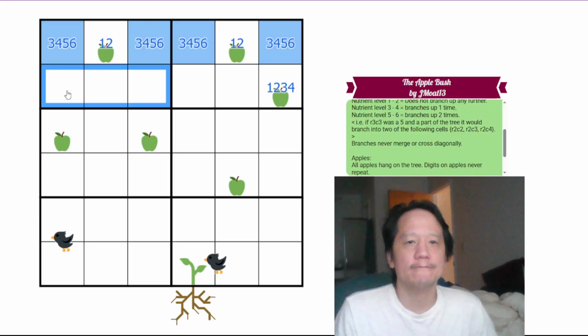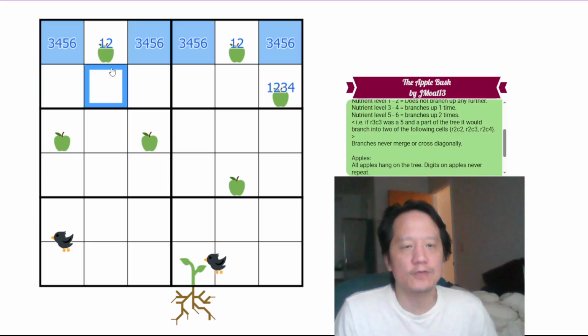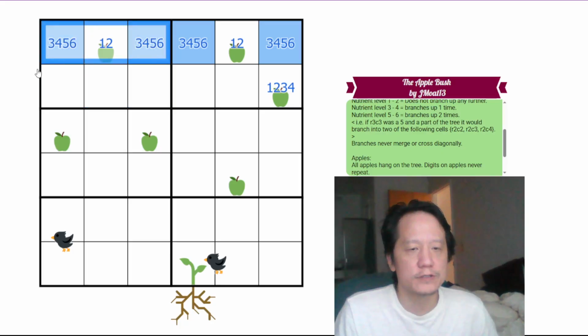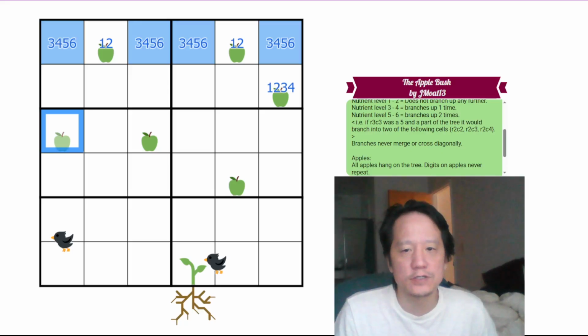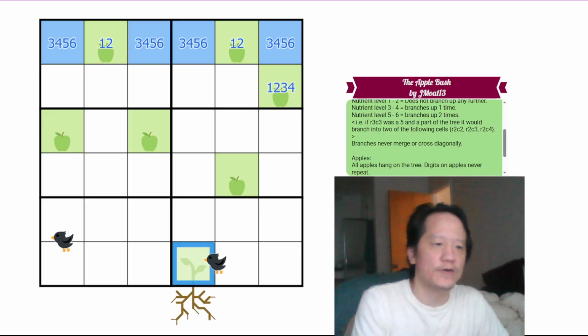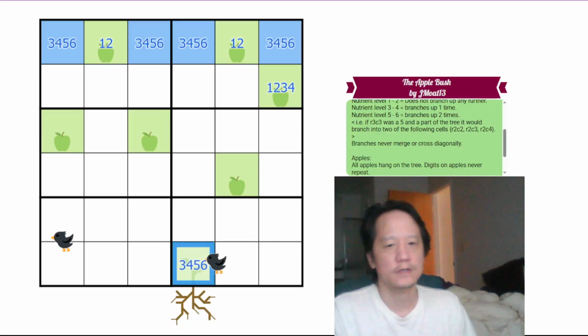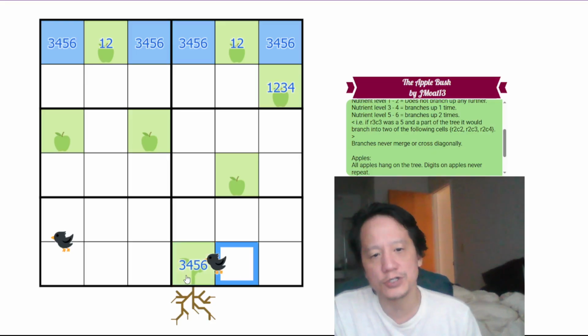So in that, we cannot have any of these branching twice. So whichever tree branch it is, greens are where it can be. So this is green, obviously this is green. This needs to be at least 3, 4, 5, or 6. It's in a 1 to 2 ratio with another digit.